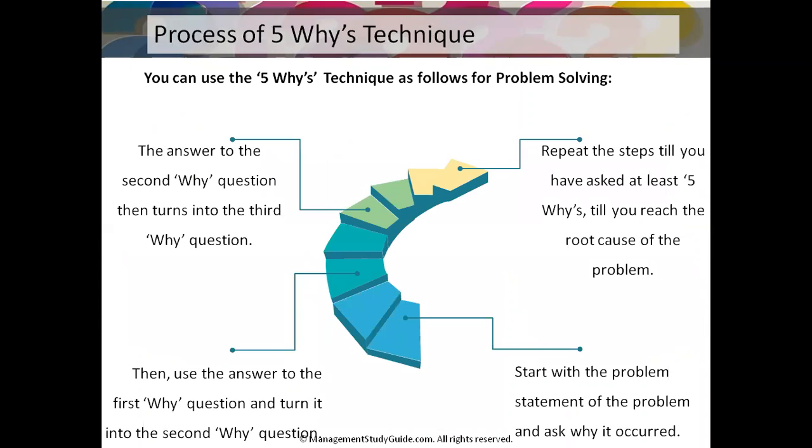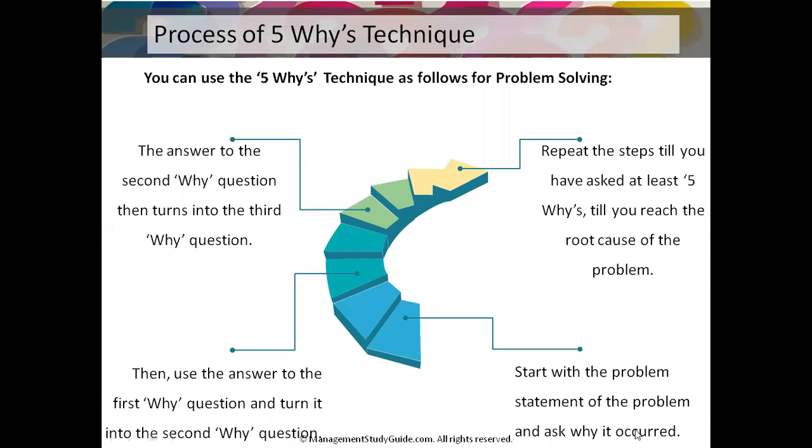The process of the 5 whys technique: you can use it as follows for problem solving. Okay, so we start. Let's start from here. Start with the problem statement and ask why it occurred.